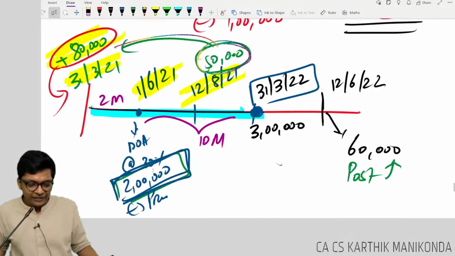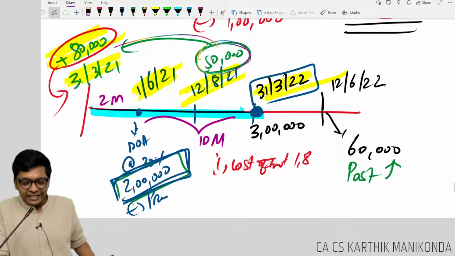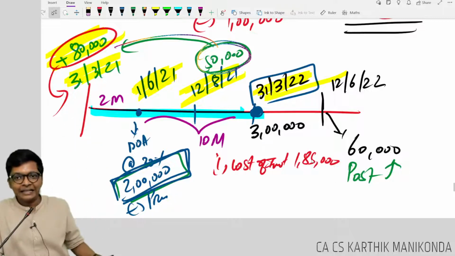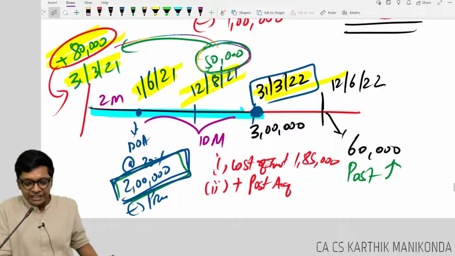So I am trying to find this day guys, 31st March. Let me do it here itself. 1. Cost of investment. How much guys? 1,85,000, already reduced. Correct? In above step I already reduced. Add post-acquisition profits.